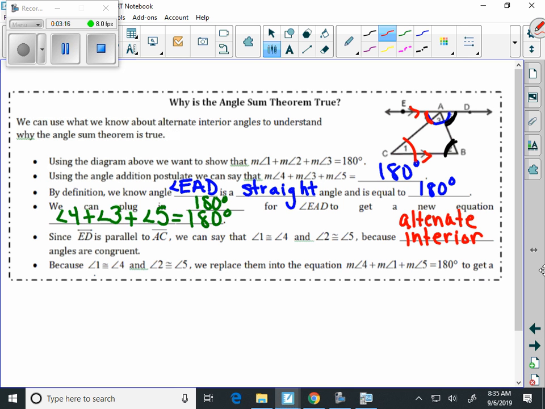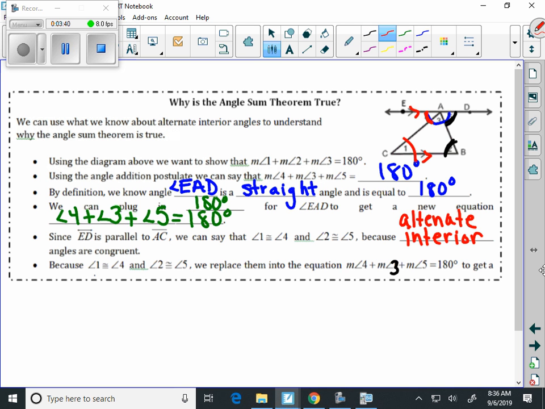And lastly, because angle 1 is congruent to angle 4, and because angle 2 is congruent to angle 5, we can replace them into this equation, and I need to fix one thing here. Angle 4 plus angle 3, here's my typo, angle 4 plus angle 3 plus angle 5 equals 180 degrees.